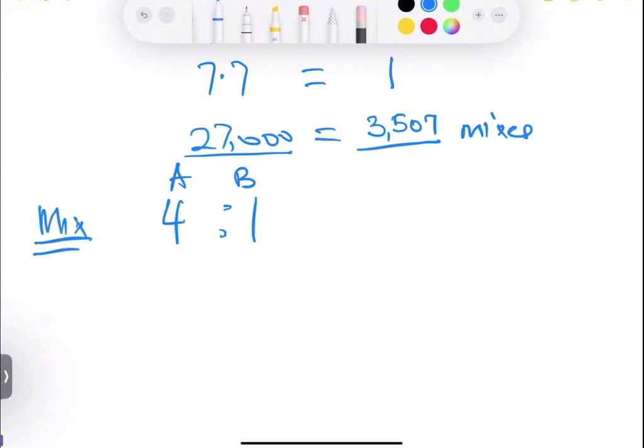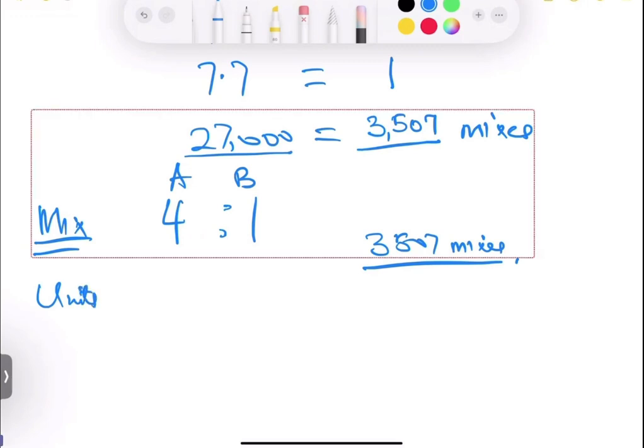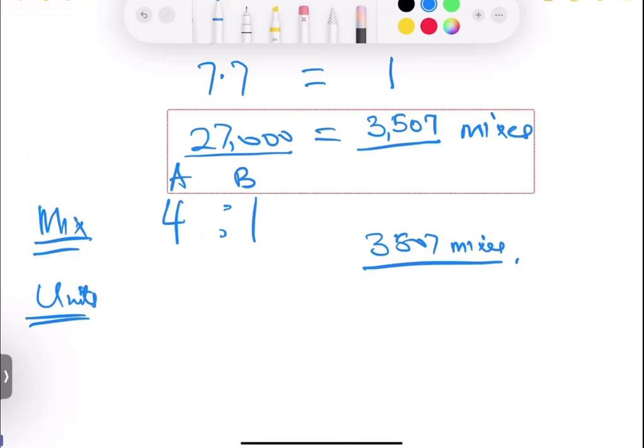Now we have 3,507 mixes. If we know that, how many units of A are we going to get if we are selling 3,507 mixes?